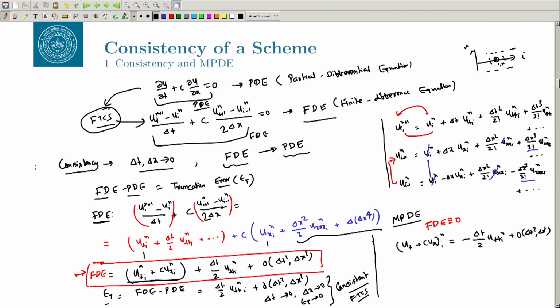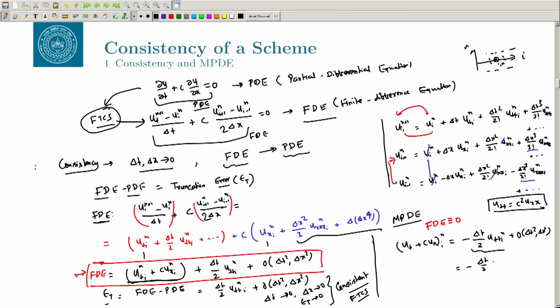Now we will look at the lowest order term in the truncation error. In this case, the delta t term is the lowest order term, because as we have been discussing, that is our main concern in terms of accuracy, and also we will see here stability. So we will use u_tt equal to c squared u_xx. This we have derived many times. This is nothing but the extension of u_t plus c u_x equal to 0. You take the derivative with respect to time and rearrange the x and time derivatives, and you will get this relation.